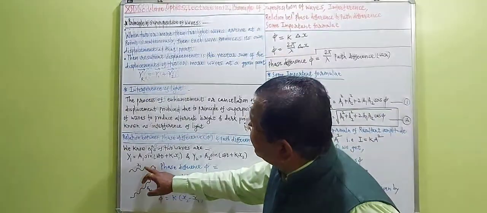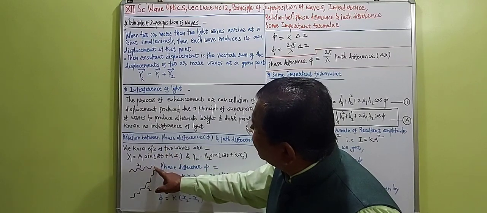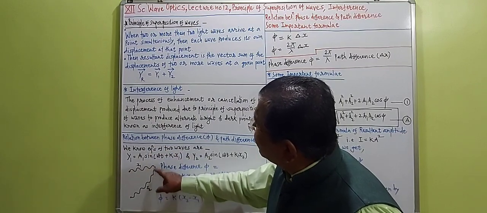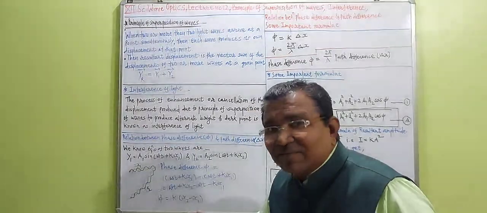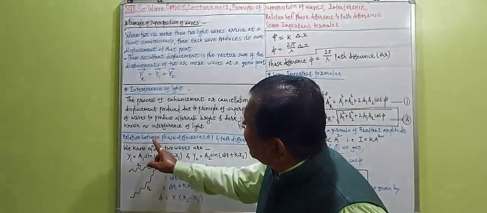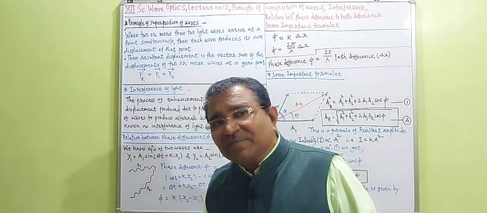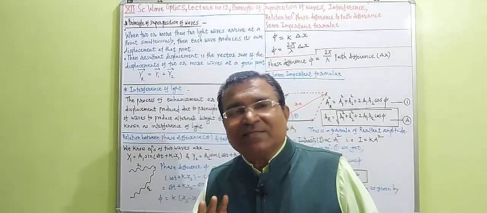One wave produces a displacement of 5 centimeter upward at that point, and the other wave produces a displacement of 3 centimeter downward. Listen carefully. One displacement is upward, which is 5 centimeter, and another displacement is downward, which is 3 centimeter.